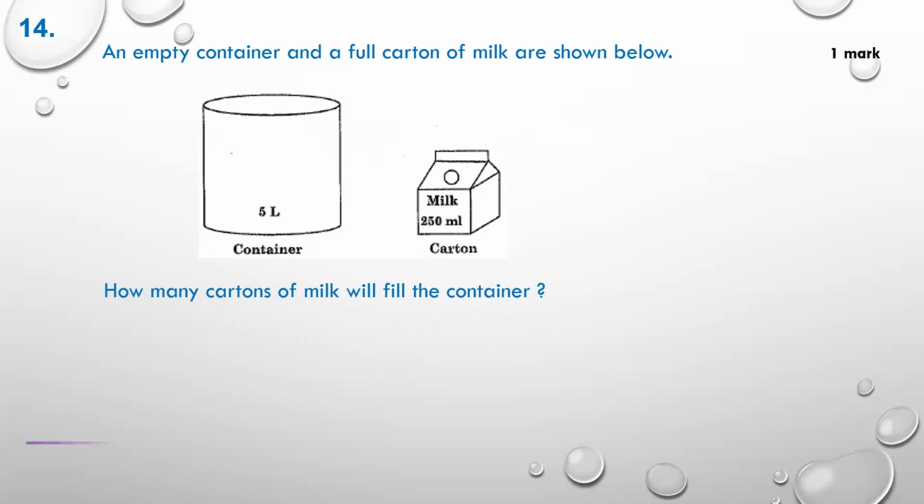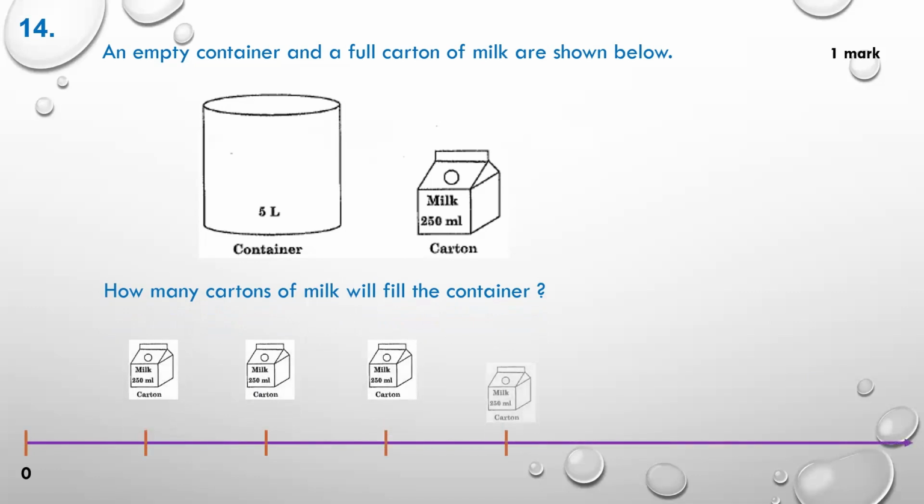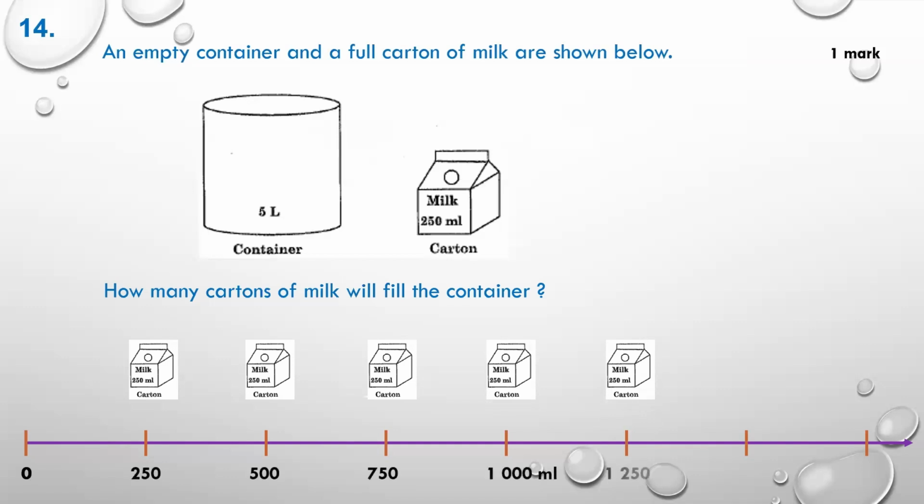So you can draw a number line. Say 0, 1 carton of milk, 2 cartons of milk, 3 cartons of milk, and so on. So that's 250 ml, and another 250, and another 250. So that's 500, 750, 1,000 ml, 1,250 ml, and continuing, according to how many cartons we want.